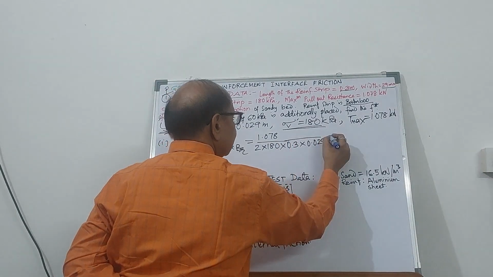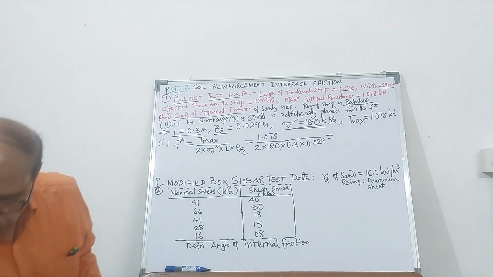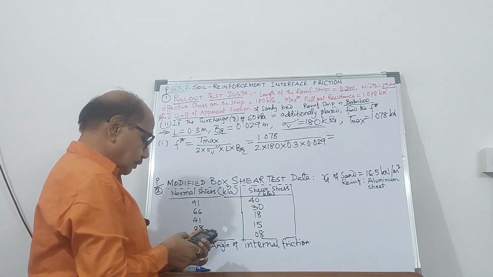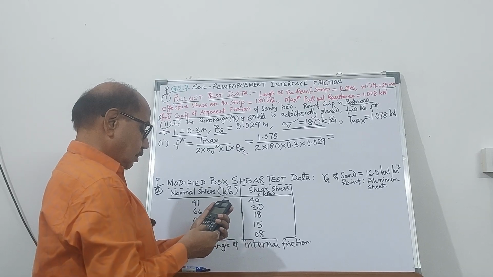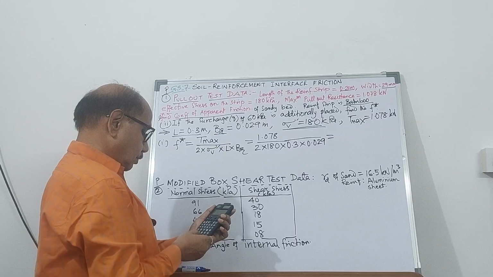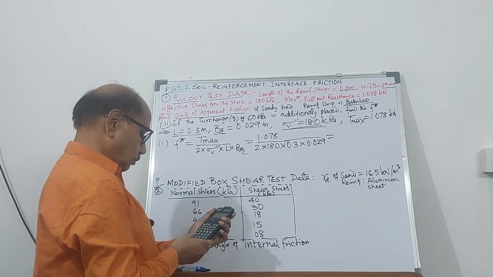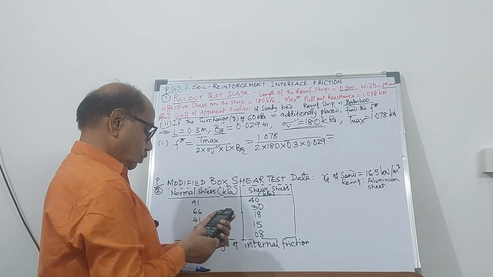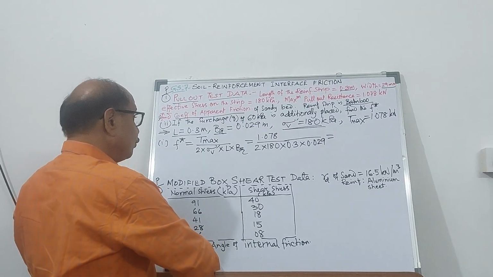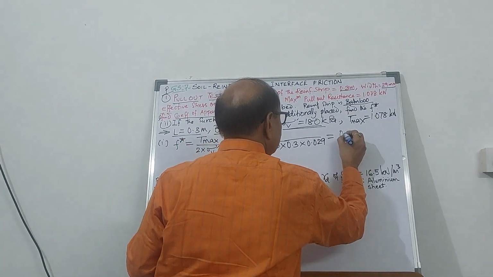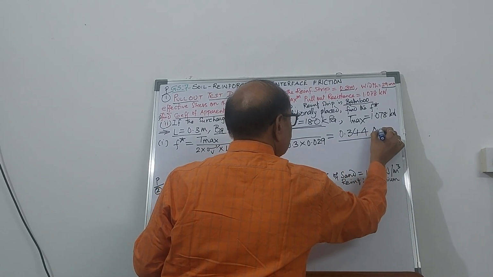So if you calculate this, you will get the coefficient of friction. So let's calculate. 1.078 divided by this is 0.344. So this is the answer of part 1.